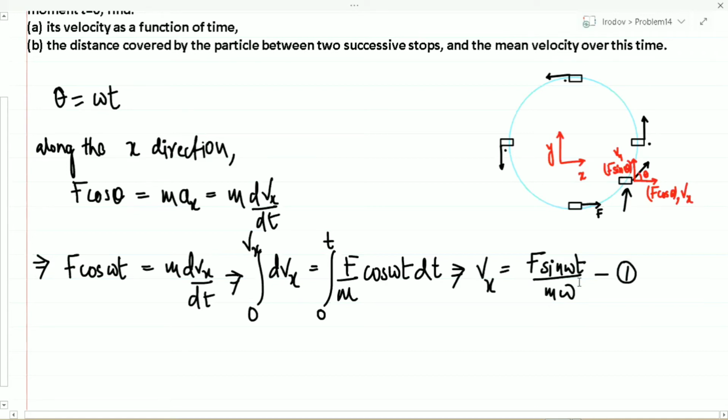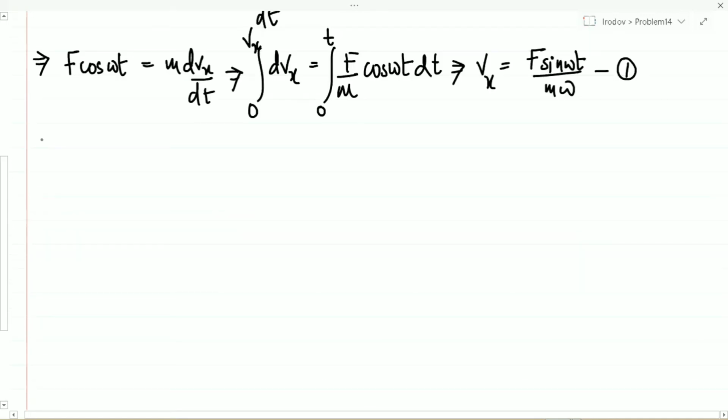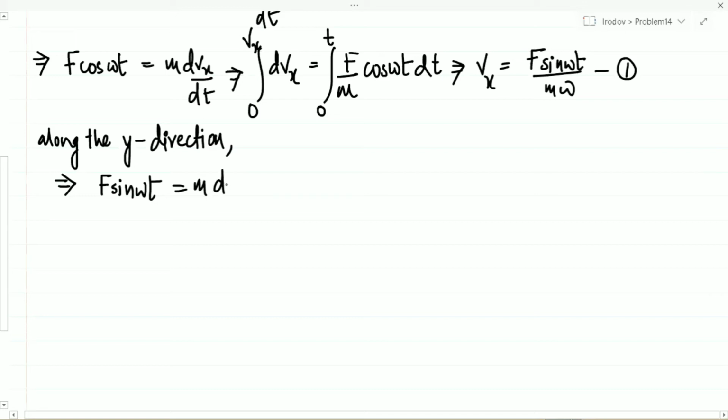Similarly, we're going to write the equation along the y direction. F sine omega t, the force in the y direction, is equal to m times dvy divided by dt.